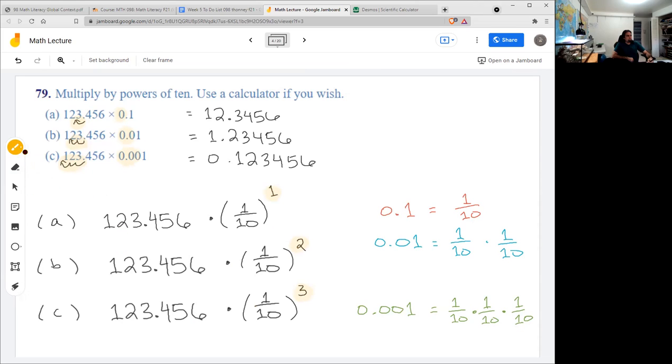If I just wrote this instead as, can I cover that up? Sort of. Like that, then you don't have enough zeros to make the pattern happen.